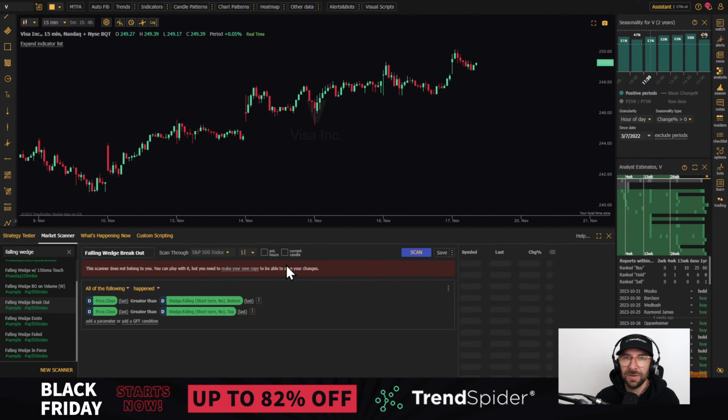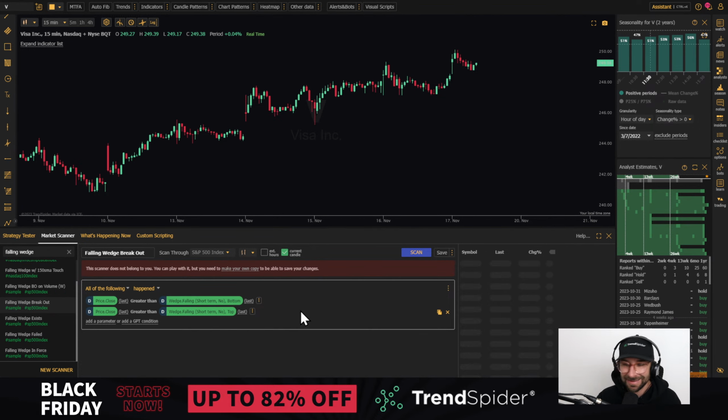Right? So even if it's Friday at 3:30 in the afternoon, it's still going to be giving you results that were meeting your conditions last week if you have this current candle toggled off. However, those are the conditions that are absolutely true. The candle closed and the conditions are true. If your current candle is toggled on, then it's looking for these conditions to be true in the current candle that's forming.